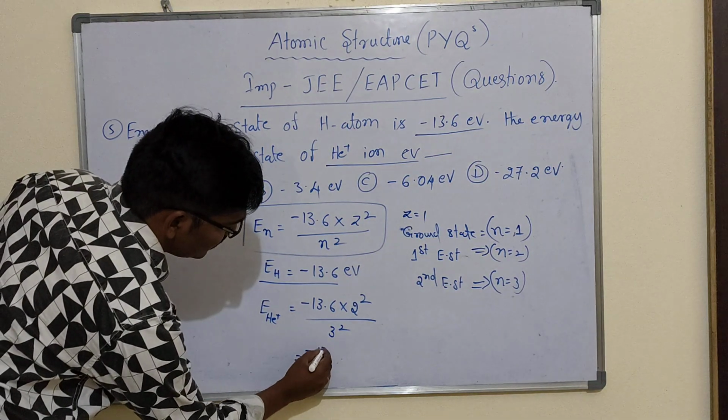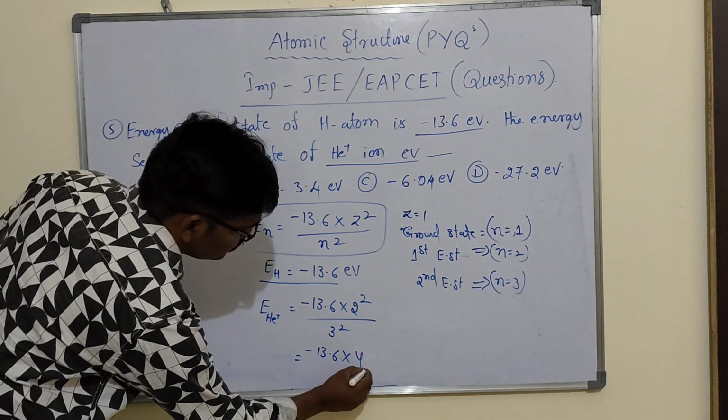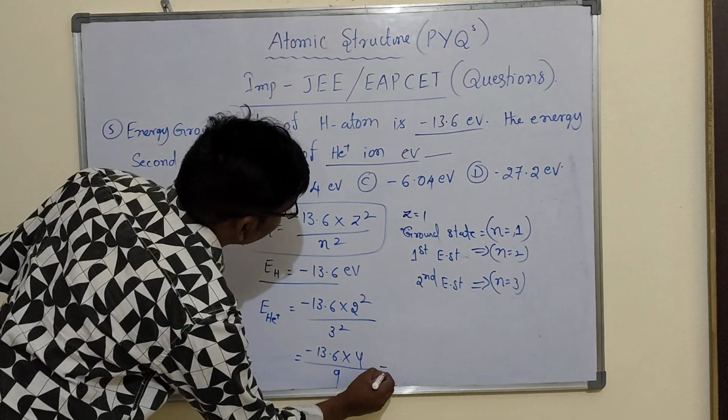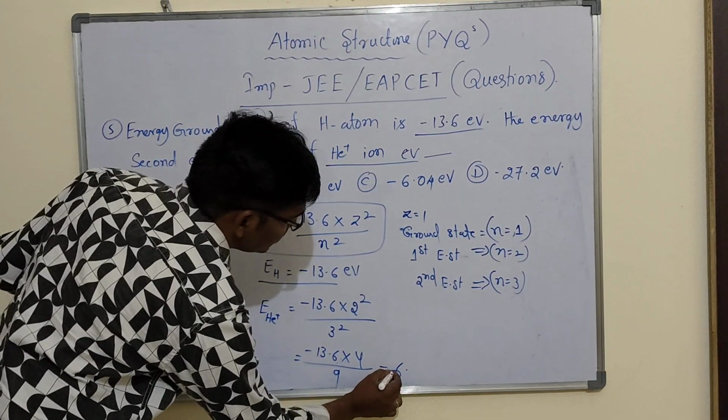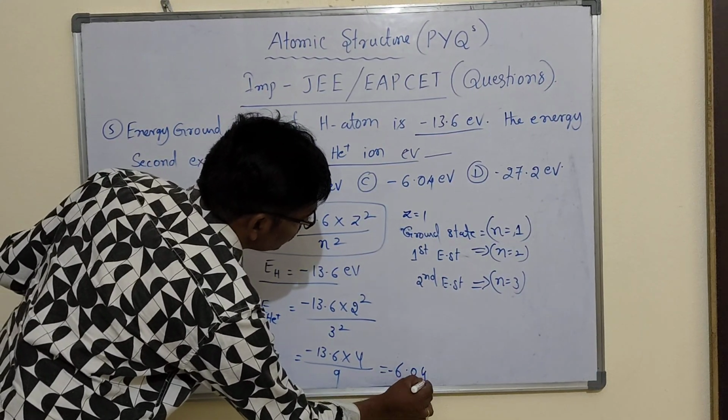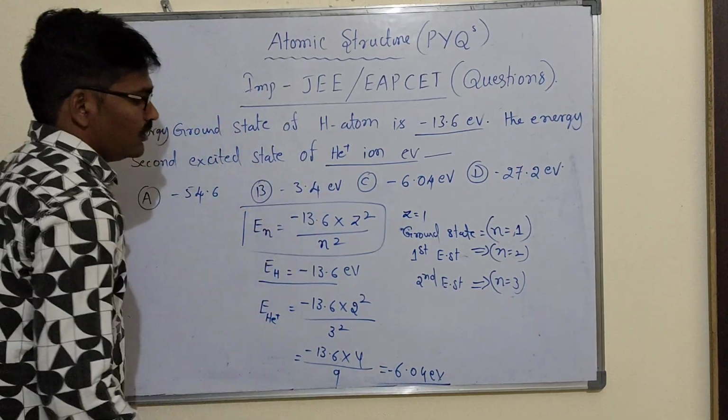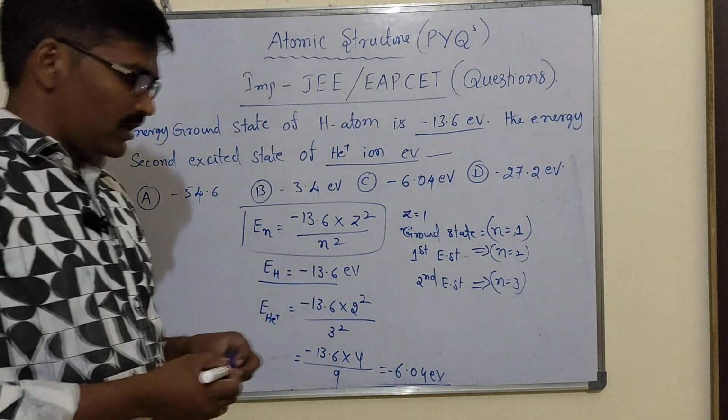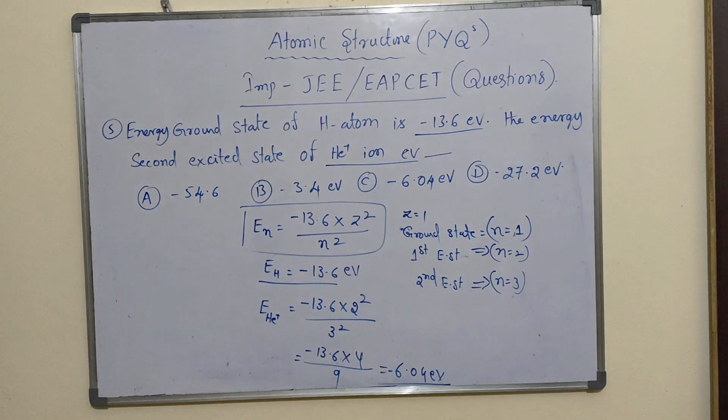So minus 13.6 into 4 divided by 9. Then you can get minus 6.04 electron volts. This is the formula if you are solving that. Okay, so we will see the next question. Note it, all of you.